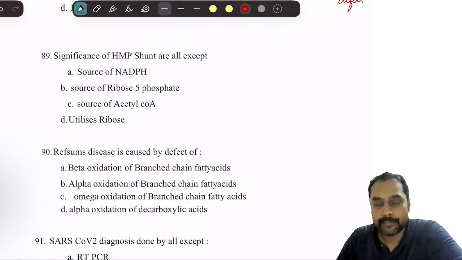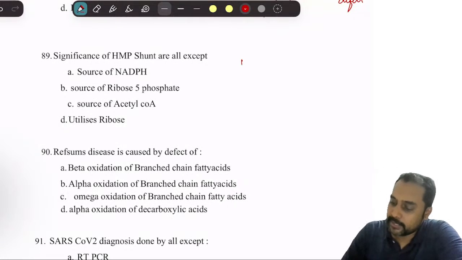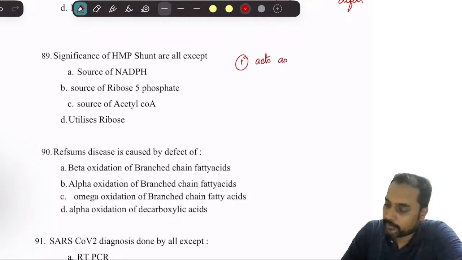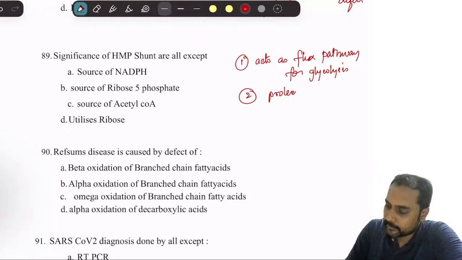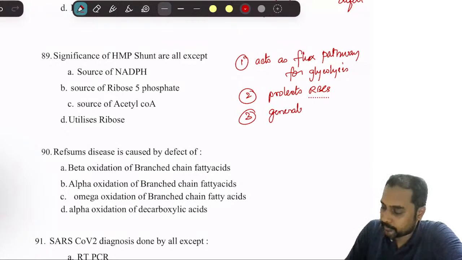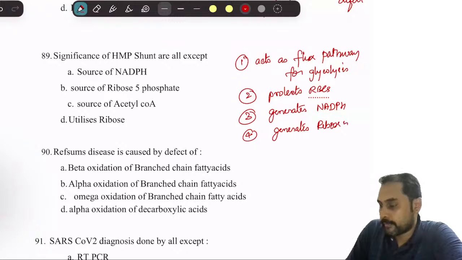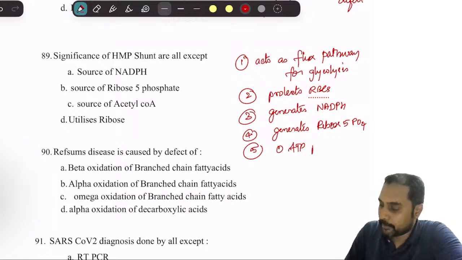Significance of HMP shunt are all except. So HMP shunt is very crucial because, 1, it acts as a flux pathway for glycolysis. 2, it protects the RBCs. 3, it generates special product NADPH. 4, it generates ribose 5-phosphate. 5, zero ATP produced or used.